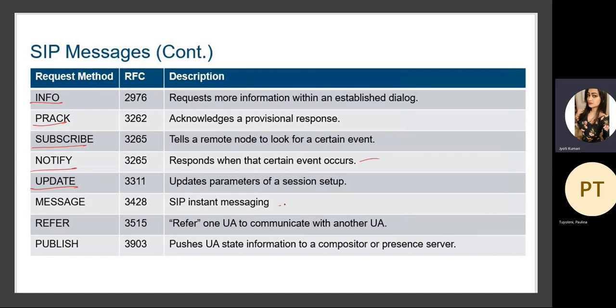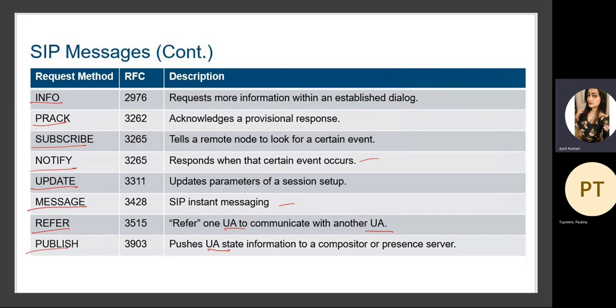MESSAGE is SIP instant messaging. That's just when we are using text messaging or instant messaging. So a SIP MESSAGE is used. REFER is to refer one user agent to communicate with another user agent. PUBLISH pushes user agent state information to a compositor or presence server.